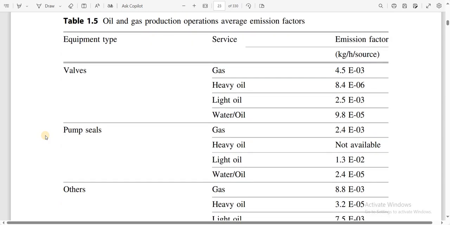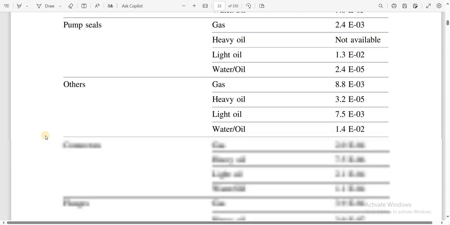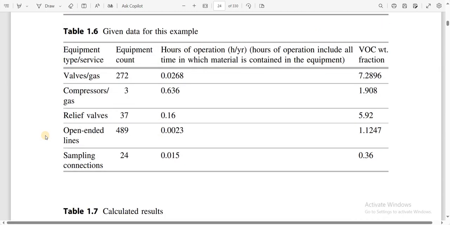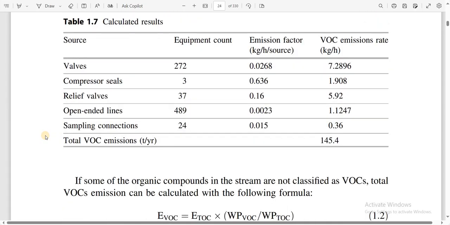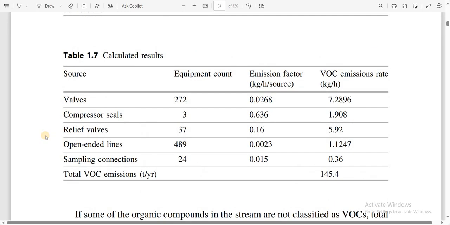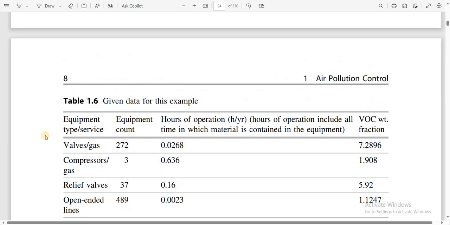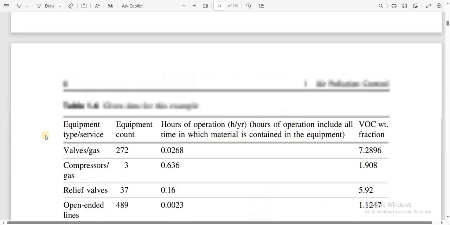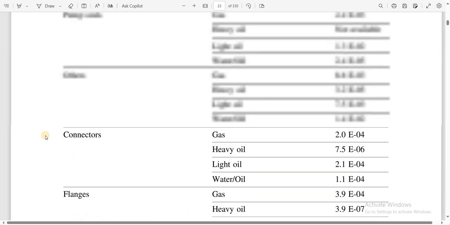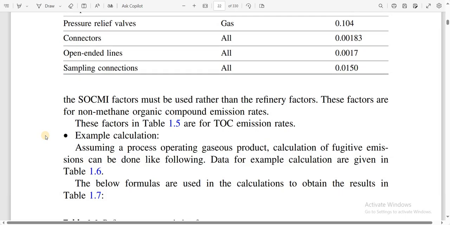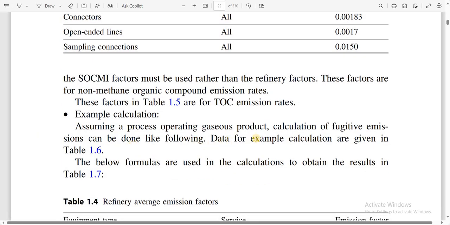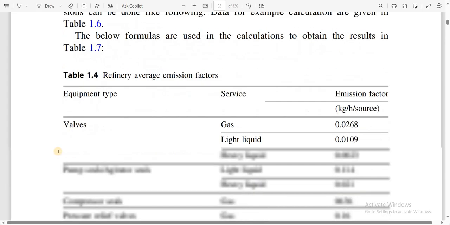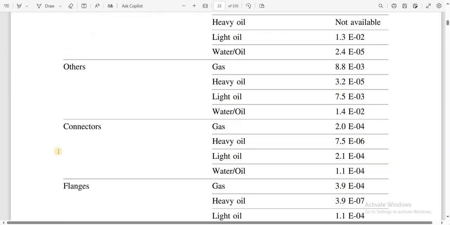So this is for oil and gas production, and there are some formulas, given data and calculated results. Okay, given data, for example, so this is the data and this is the result. Table 6 and table 7, what do they say? Table 6 has data and table 1.7 has the result obtained from this formula.